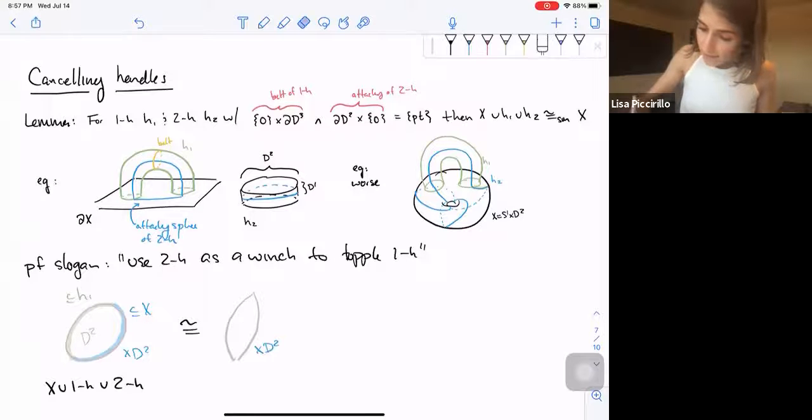I'm contracting my disk so that the part of the boundary that's in X is getting very close to the part of the boundary that's in the 1 handle. And in fact, we can just flatten that disk down all the way to an arc.